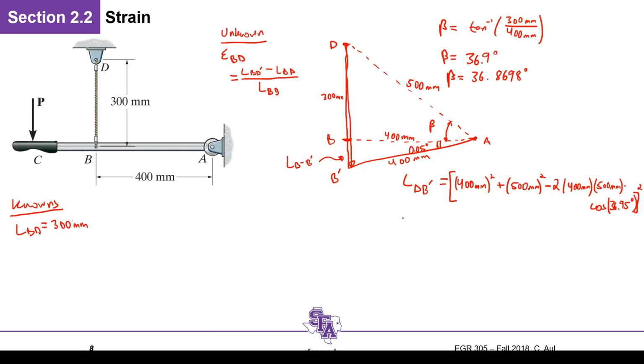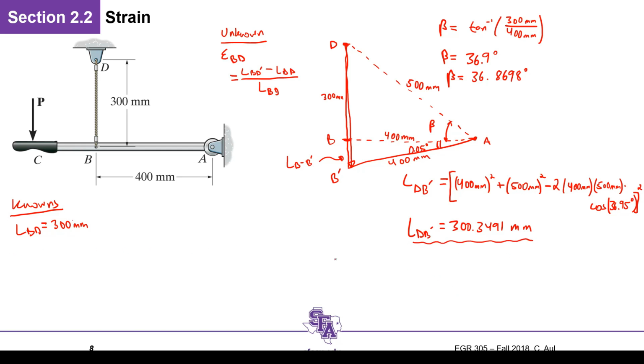So I'm running out of room here. But if you carry through that calculation, that should be 300.3491, and this would be in millimeters, okay? So now we have our LDB prime.